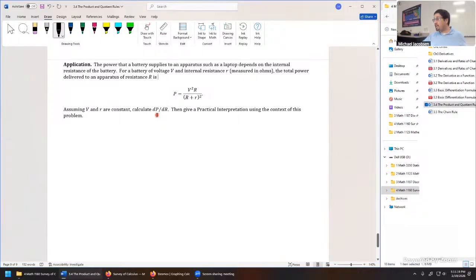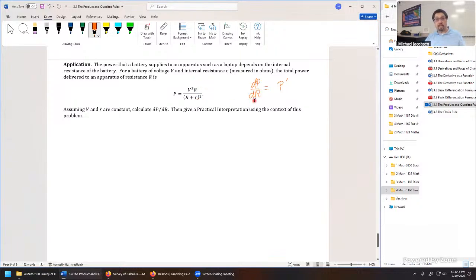What we want to do is calculate dP/dR. That's just another way to say the derivative. So when you see dP/dR, we're just talking about P prime. But we need to be specific. Here's where Leibniz notation really helps out. There are 3 variables here, V, R, and lowercase r.